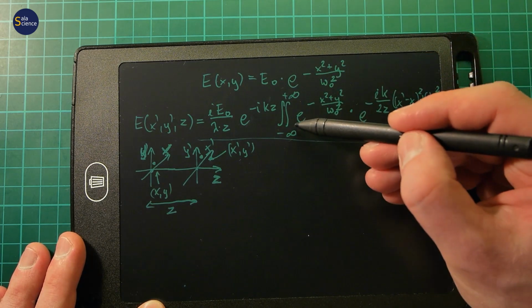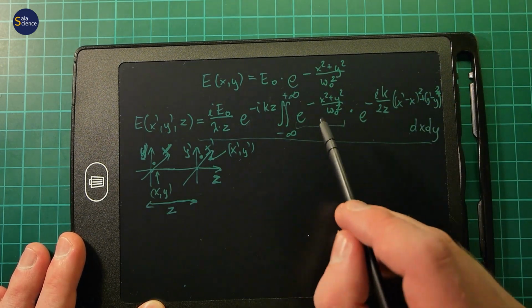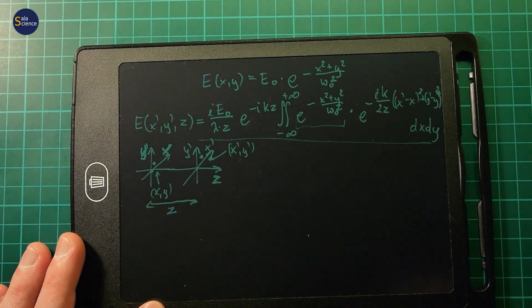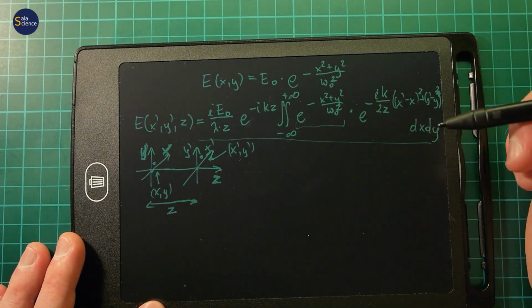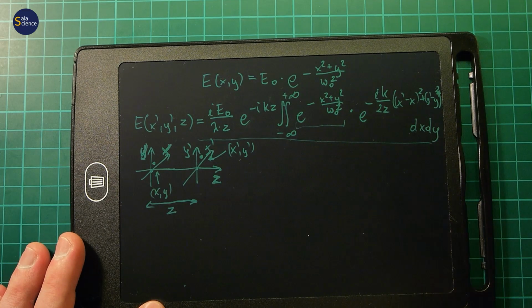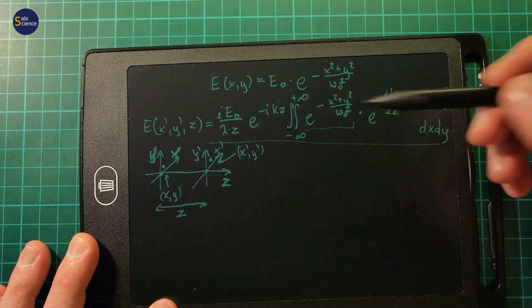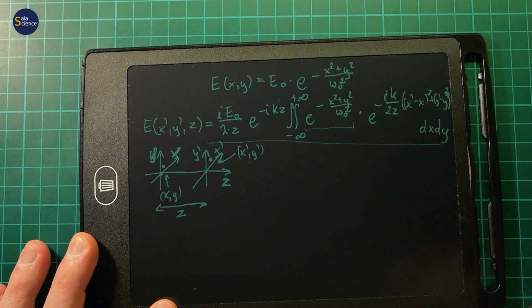And this is our profile, E naught times e to the minus (x squared plus y squared) over w naught squared. Okay, we can separate these integrals because the solution for x and y is exactly the same.